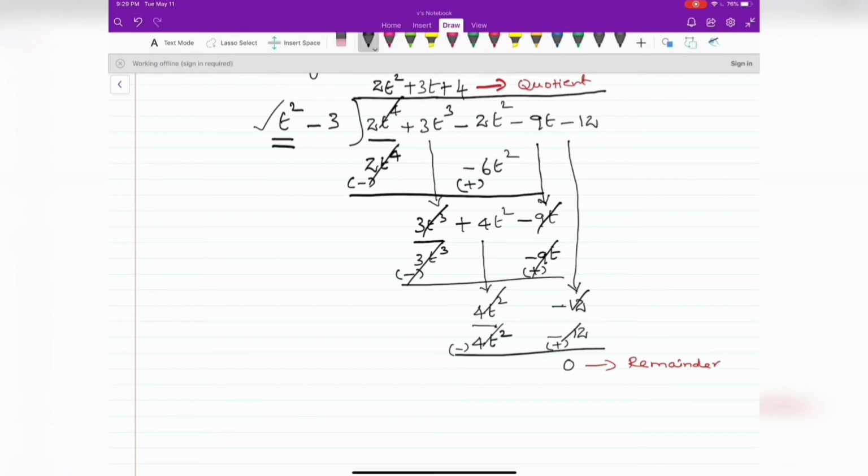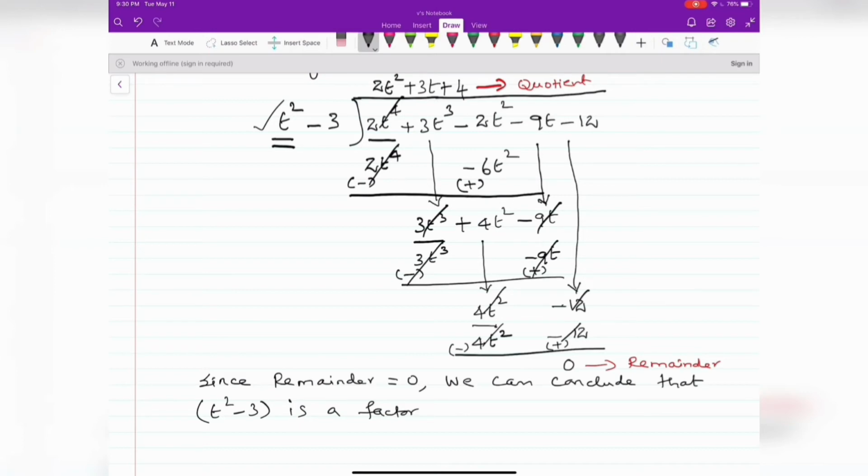So, since remainder is equal to 0, we can conclude that t square minus 3 is a factor of 2t power 4 plus 3t cube minus 2t square minus 9t minus 12.